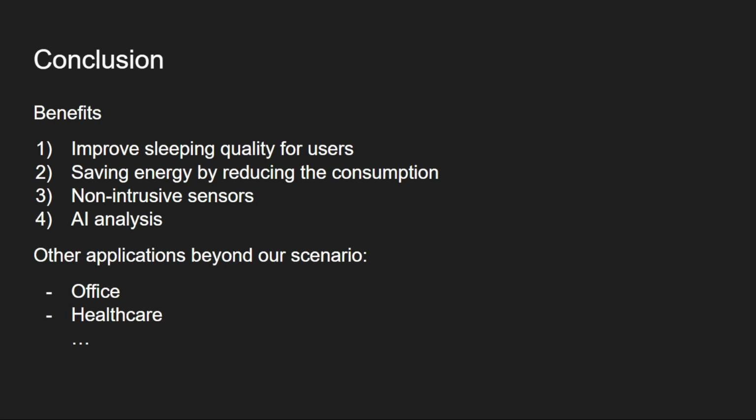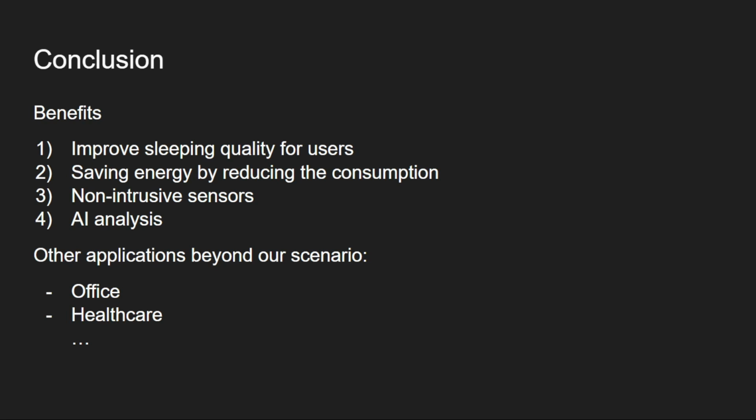To sum up, our solution aims to improve sleeping quality for users whilst reducing energy consumption through the use of smart IoT solutions with the help of our AI. Our solution also ensures that non-intrusive sensors are used to ensure the user's comfort and privacy.